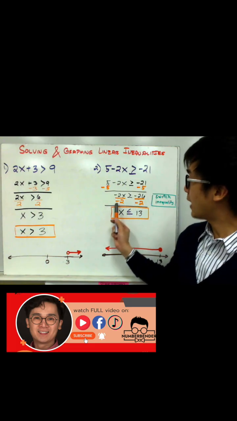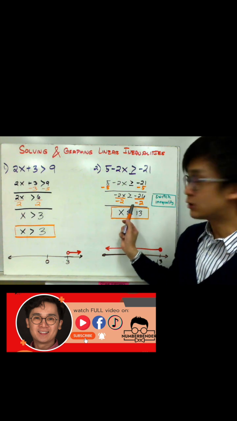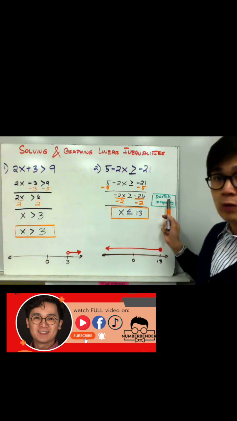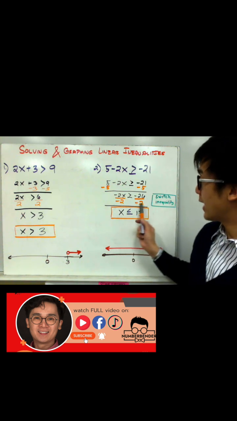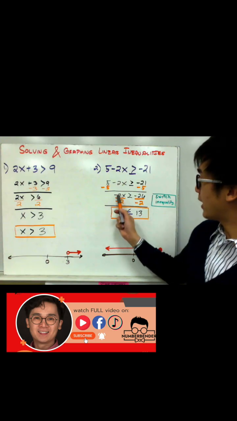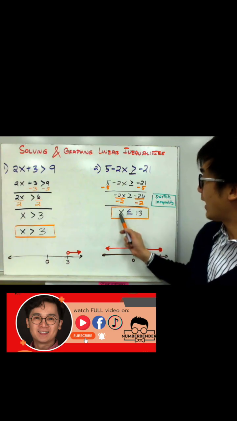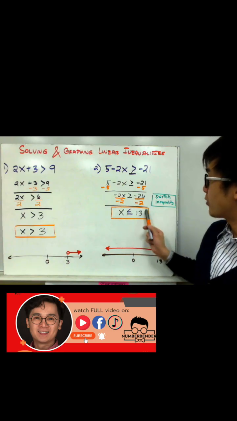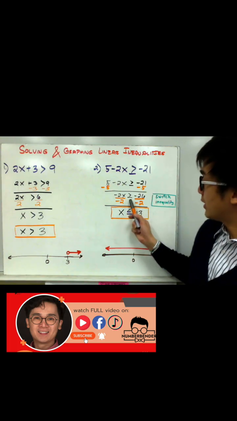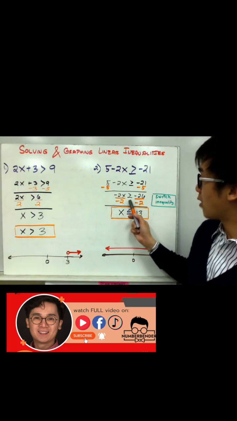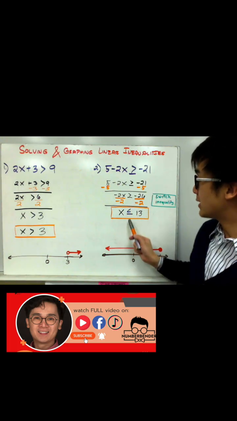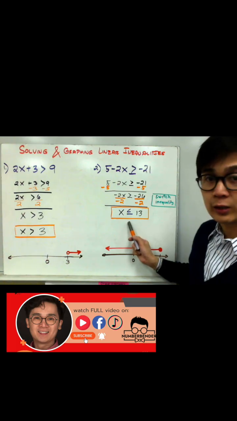Now if you're dividing by a negative on both sides, you need to remember that you need to switch your inequality because you're dividing with a negative sign. So by dividing by negative 2 on both sides, you'll get x by itself and you'll have 13 on the other side, but this time your inequality is no longer greater than or equal to. It's now turned into a less than or equal to symbol.